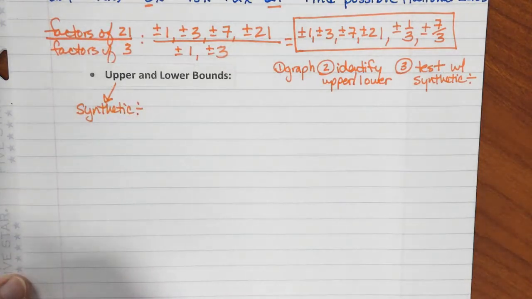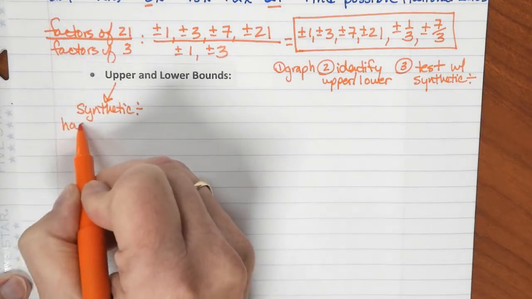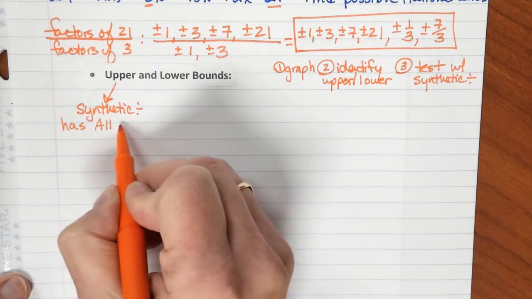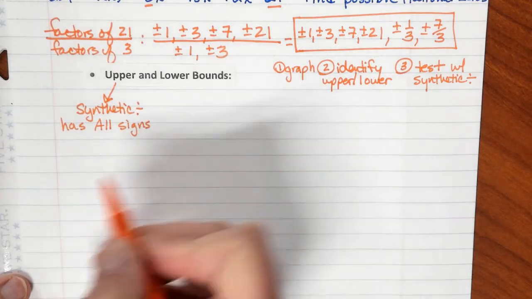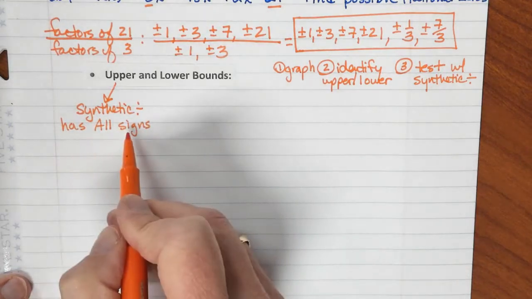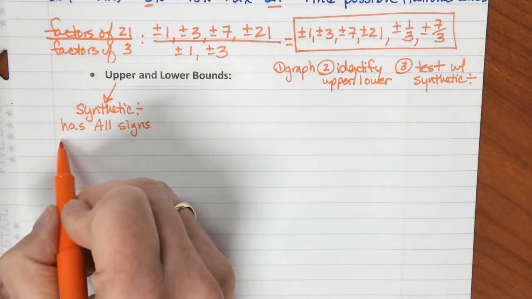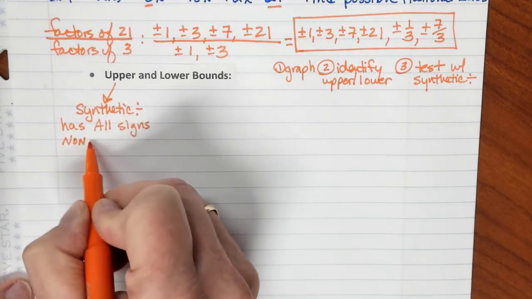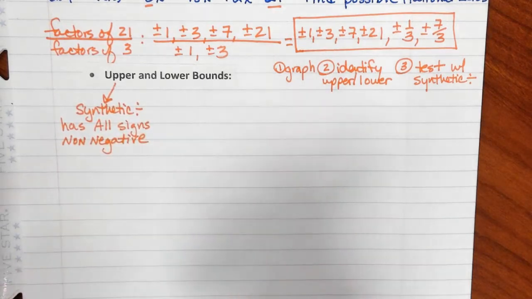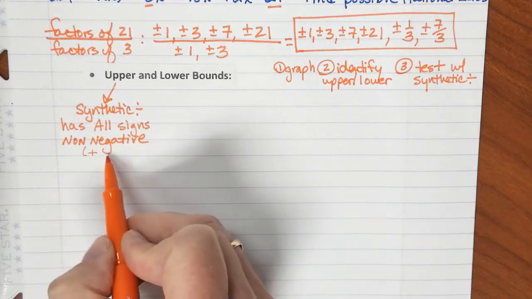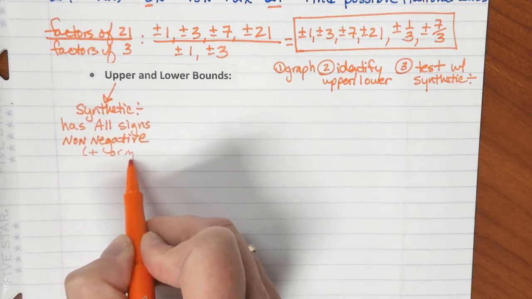Then you will get an answer where all the signs, meaning all the positive and negative signs, are non-negative. That may be kind of weird to think of something as non-negative, Ms. Reams. Why don't you just say positive? Well, if it's non-negative, that means that it includes 0. That means it's positive or it's including 0.